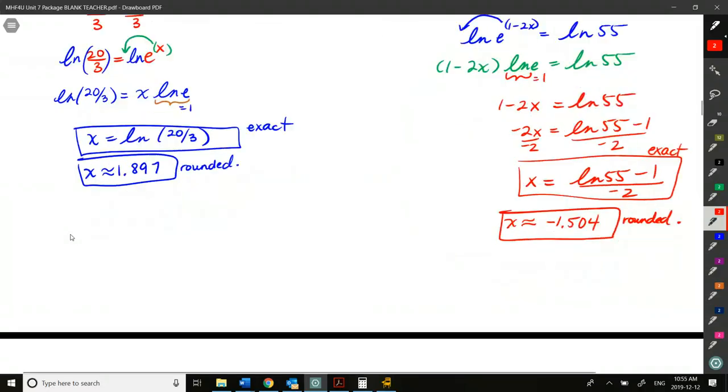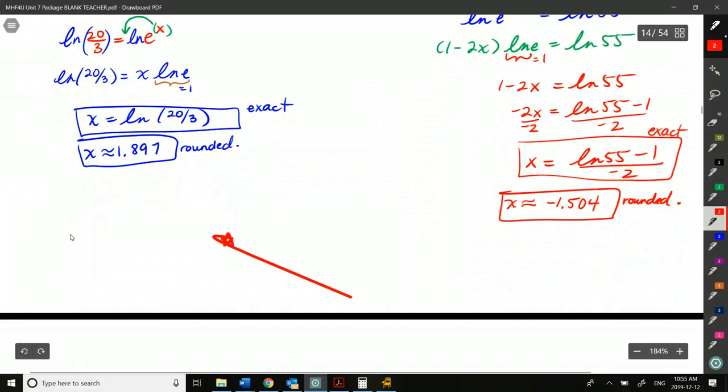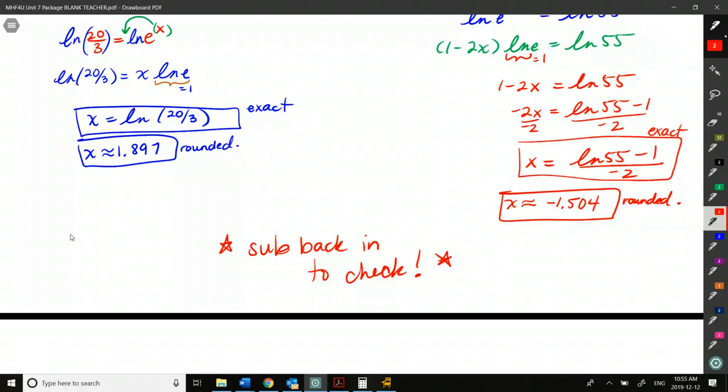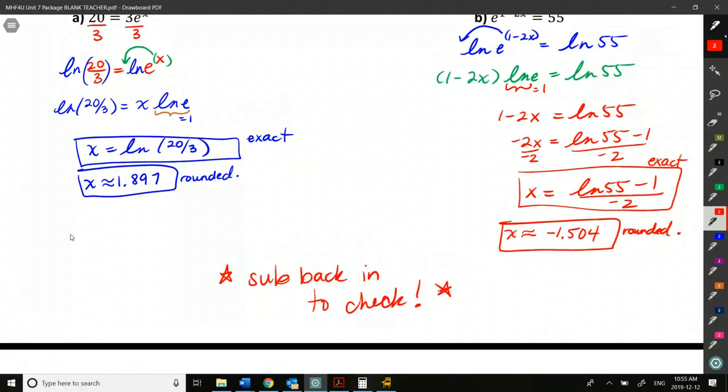So you can always sub back in to check, just like we did with logarithms. Okay, any questions so far? Great.